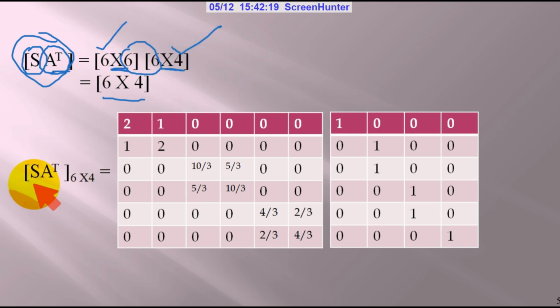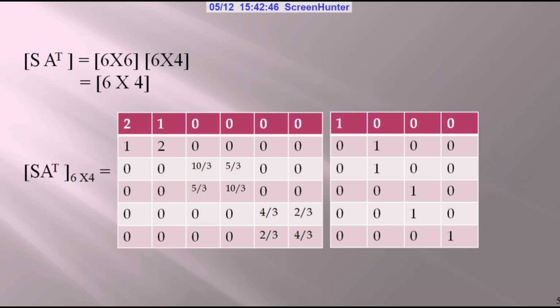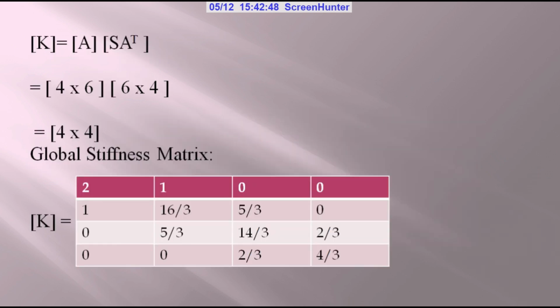If you will multiply stiffness matrix and transpose of the static matrix like this, you will get like this. But don't forget, in stiffness matrix we have taken EI common, so EI will be here, right?